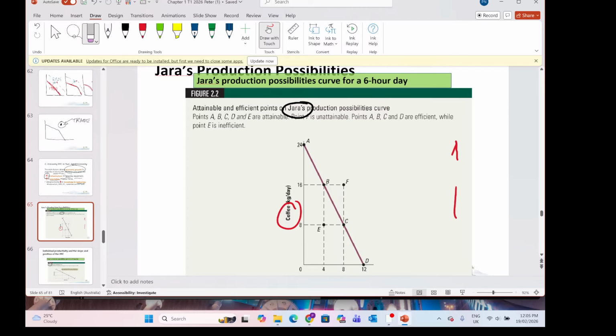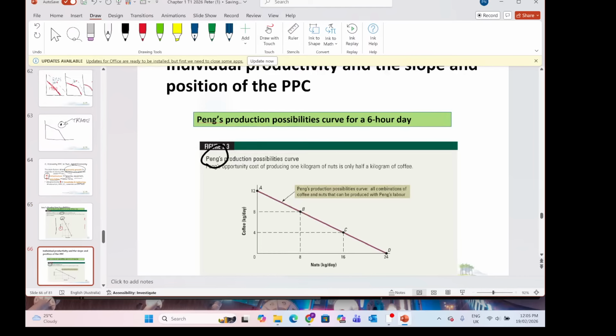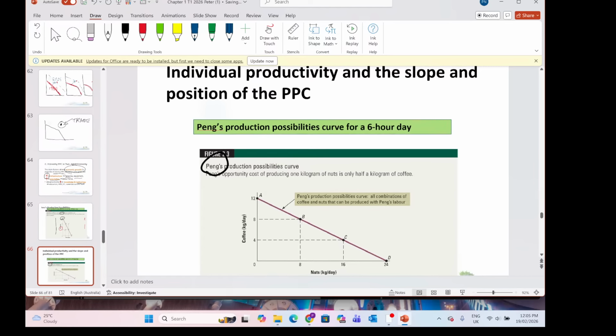Now, if we look at Jara, we can see that Jara clearly has an absolute advantage in coffee. He can produce 24, whereas Peng can only produce 12. So that's an absolute advantage.